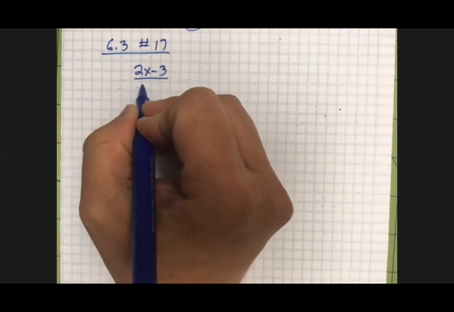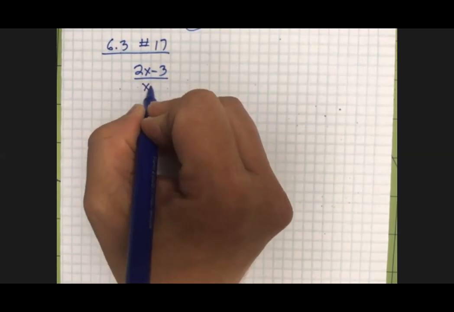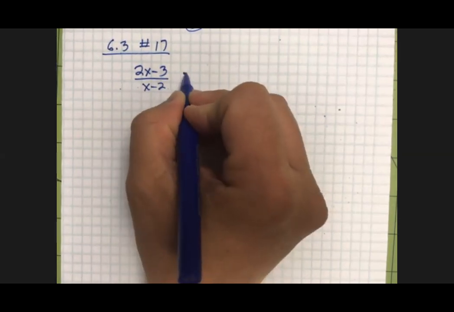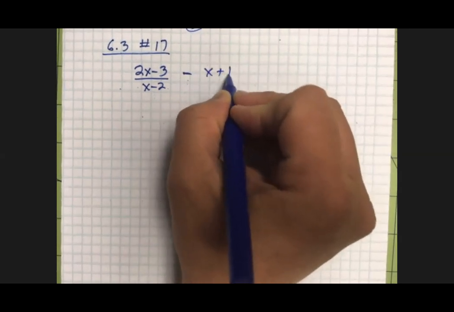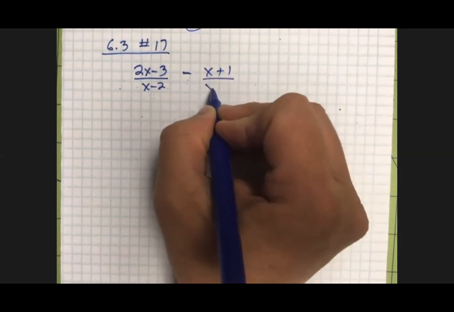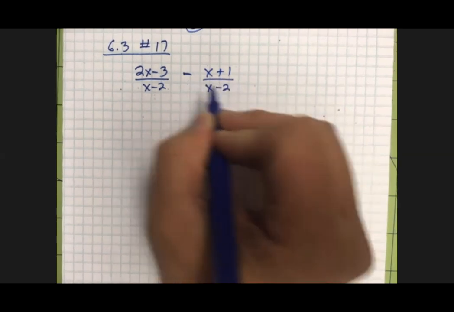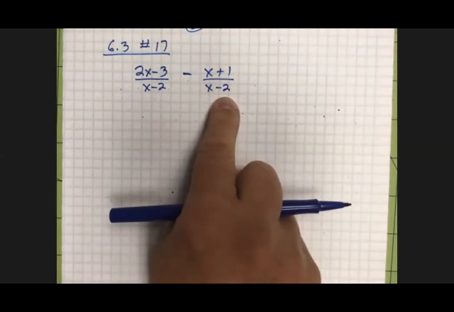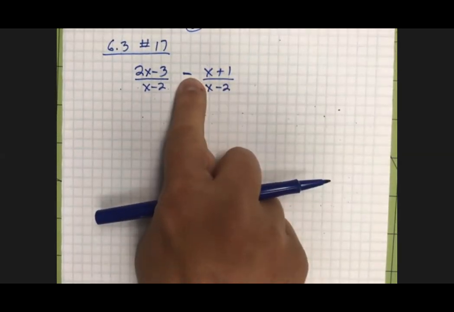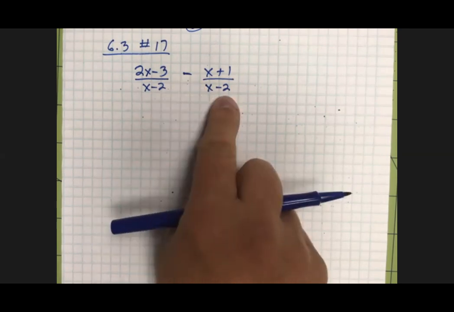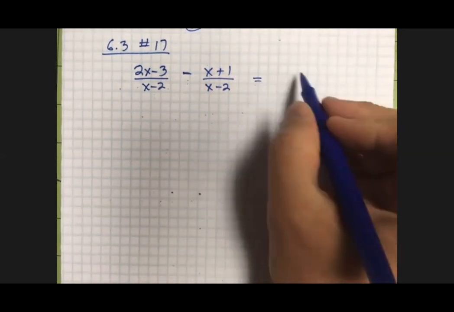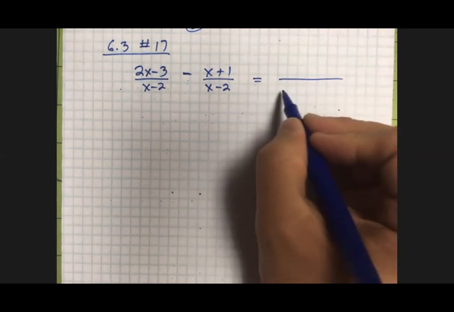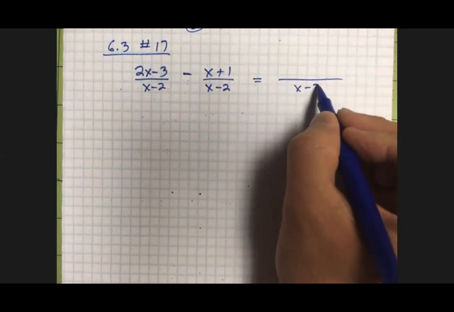Number 17, for example. But there's a little trick in 17, so let's be careful. In 17, I've got to subtract these two fractions. Now they already have a common denominator. That's great. That means I only have to subtract the top.